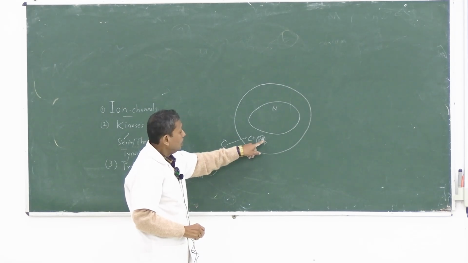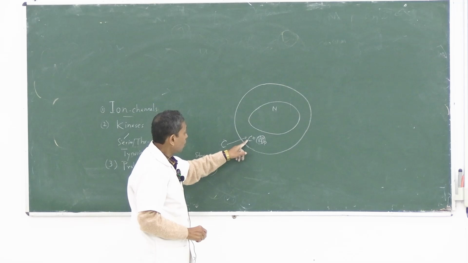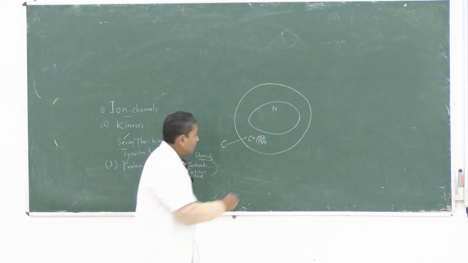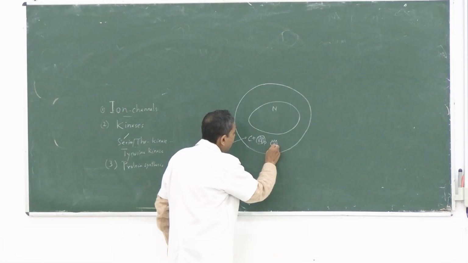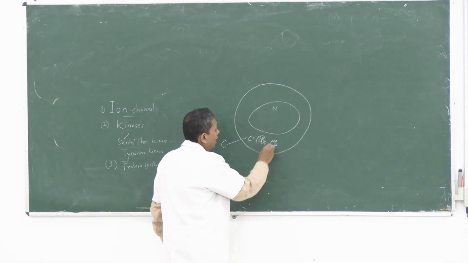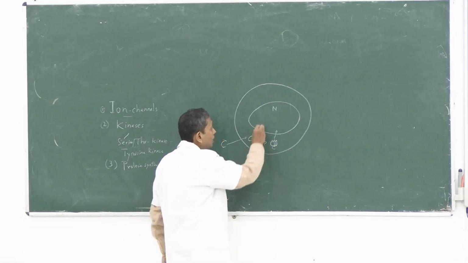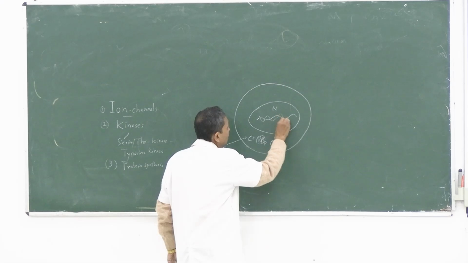Heat shock protein keeps it inactive, and when cortisol enters into the cytosol and acts upon this, the heat shock protein will be separated. Then this receptor and cortisol combination, separated from the heat shock protein, will enter into the nucleus. And it will bind with this part of the DNA, the hormone responsive element.